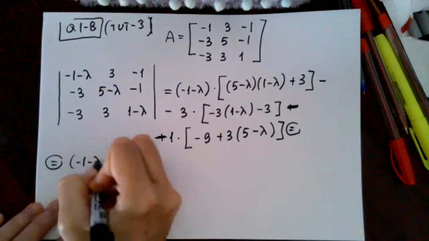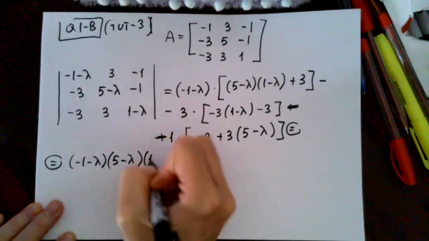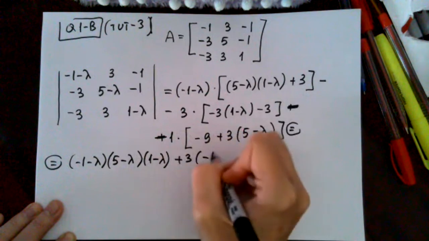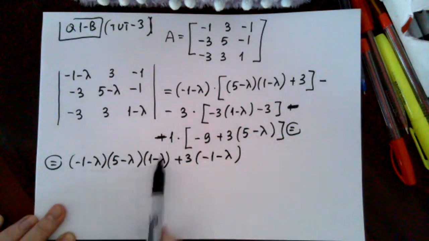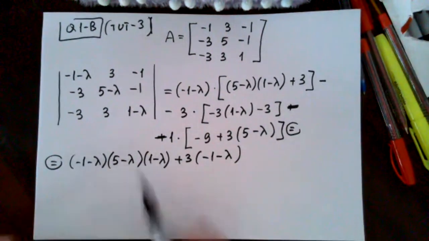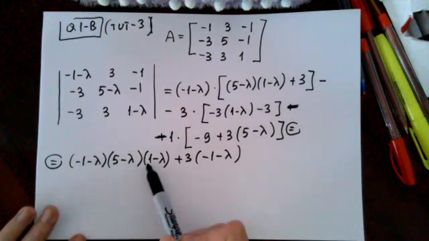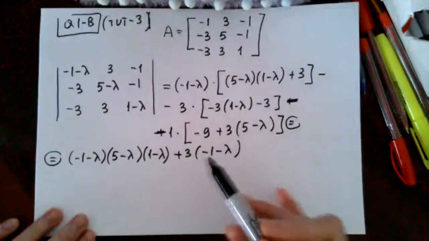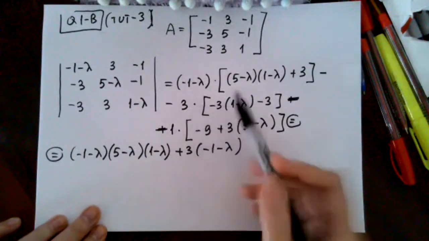So -1 minus lambda, 5 minus lambda, 1 minus lambda, and plus 3 times -1 minus lambda. The best approach could be just to leave this term as it is. Maybe it will be wiser. Maybe you will end up noticing some beautiful factorization later. But as for these brackets, they should be expanded.